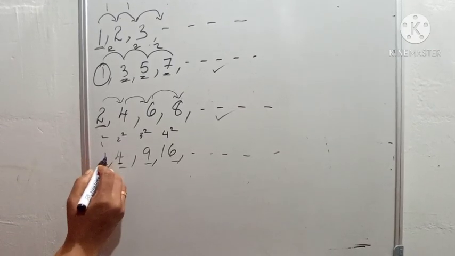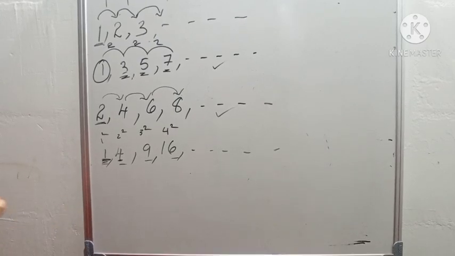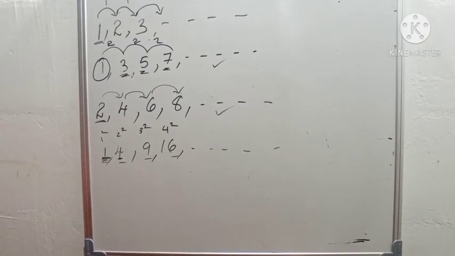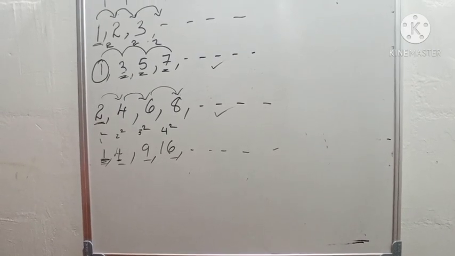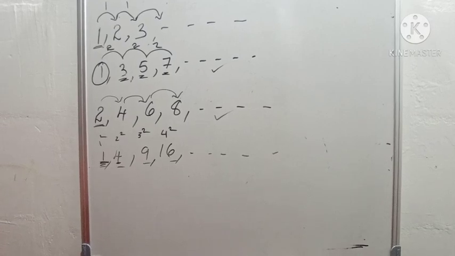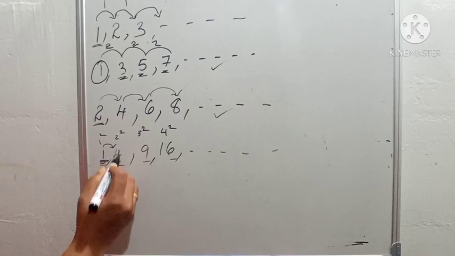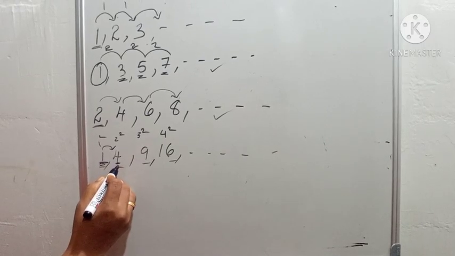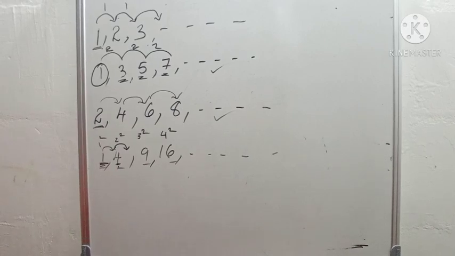Let us check. Starting with the number 1 and adding a fixed number repeatedly, we get an arithmetic sequence. See, 1 plus 3 is 4, but 4 plus 3 is not equal to 9.